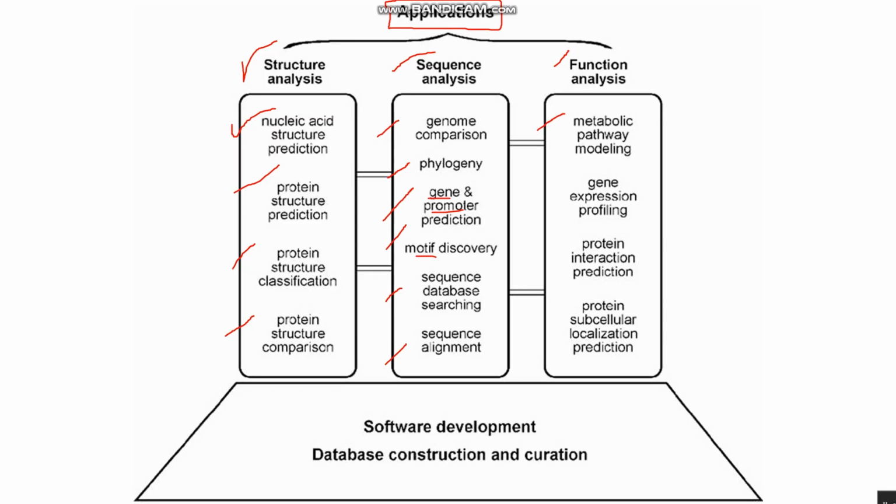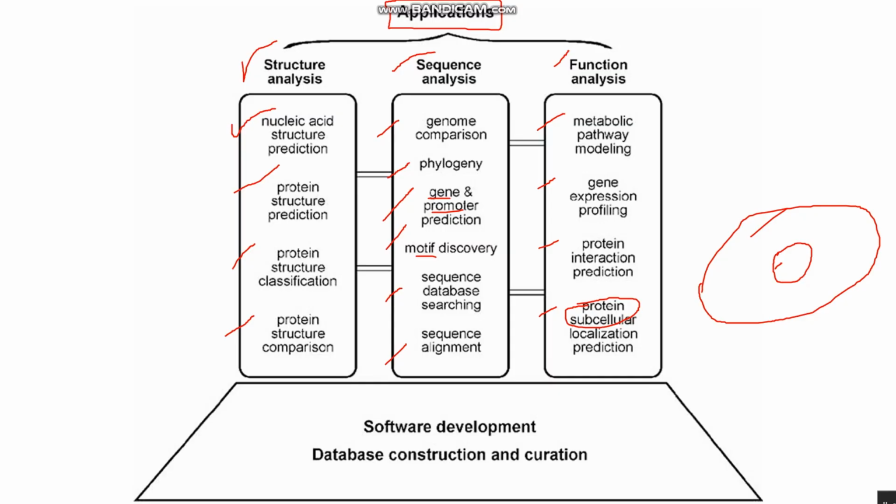And at the end, the function analysis, the metabolic pathway modeling, the gene expression profiling, the protein interactions, and finally the protein subcellular localization. Like this is the cell, and this is the nucleus, for example. A specific protein may be available in the nucleus or in the cytoplasm.